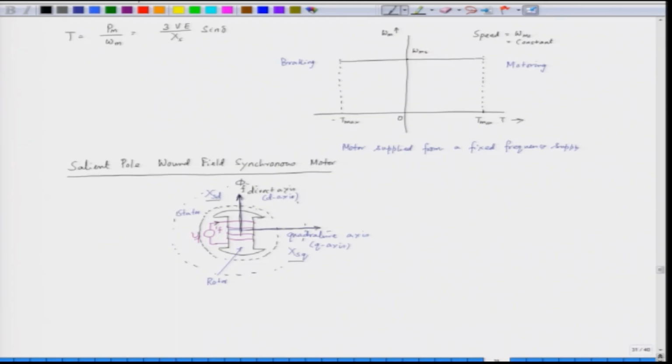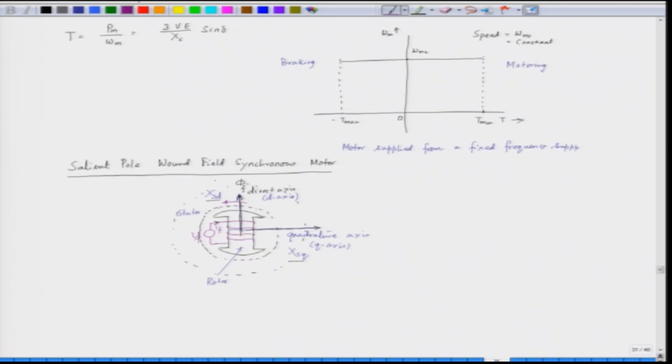When the field rotates at a certain speed, this induces EMF in the stator conductors. That induced EMF is E.